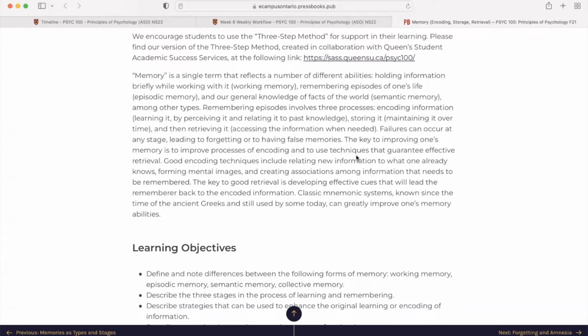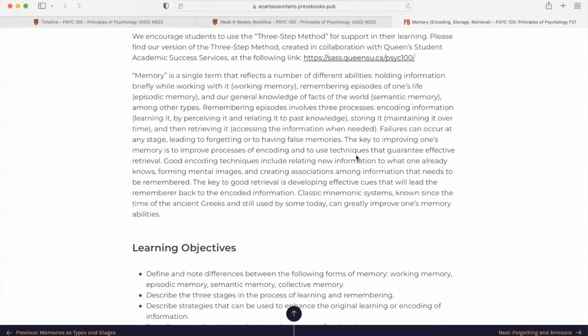The key to improving one's memory is to improve processes of encoding and to use techniques that guarantee effective retrieval. Good encoding techniques include relating new information to what one already knows, forming mental images, and creating associations among information that needs to be remembered.